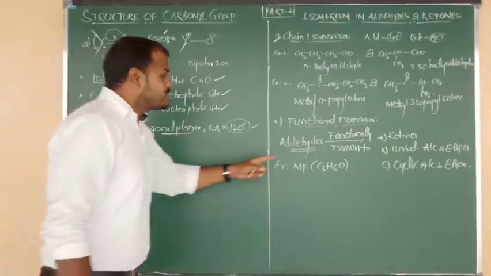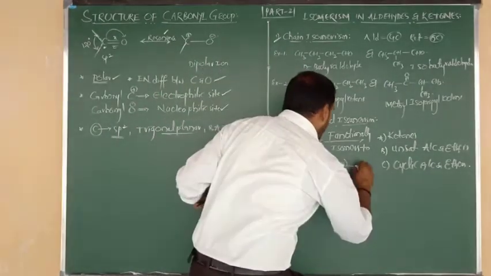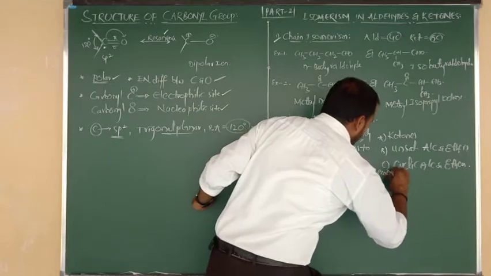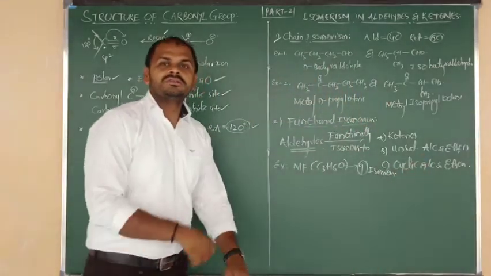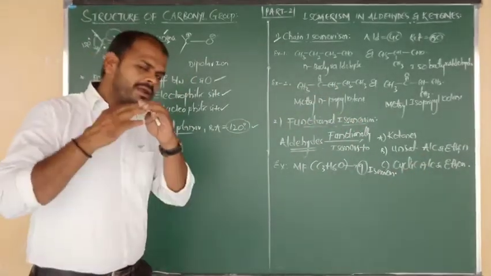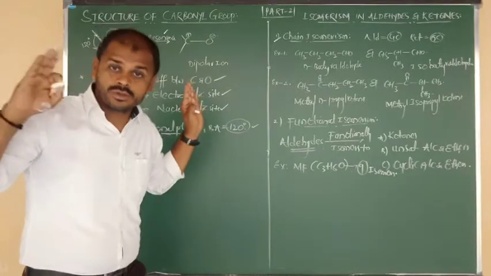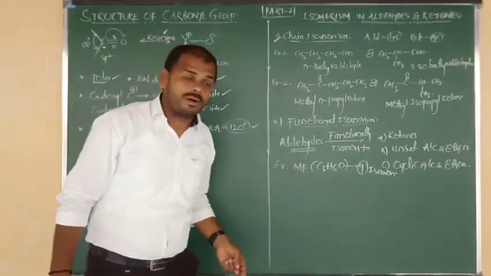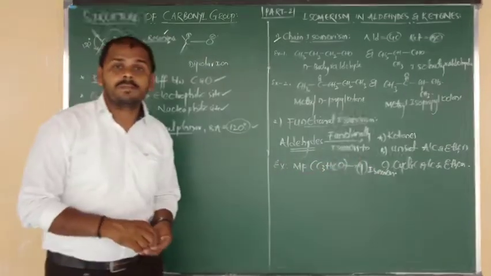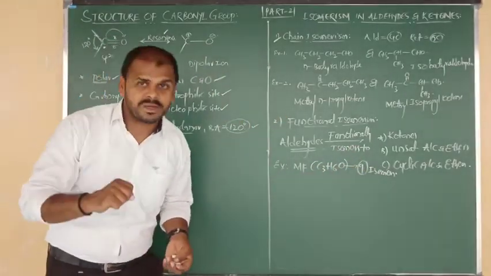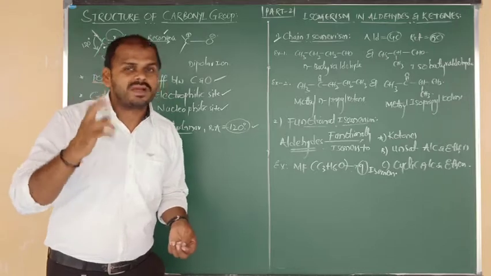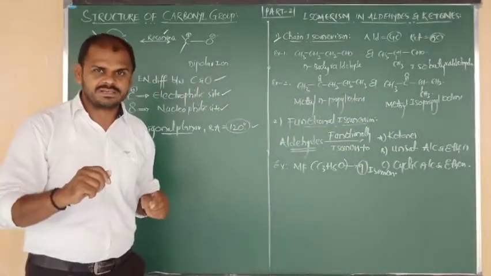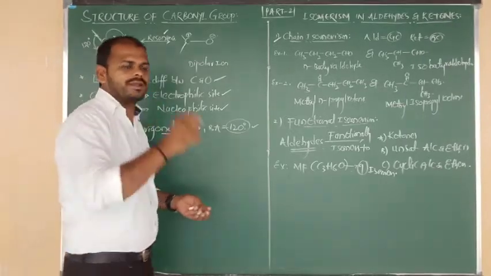For the molecular formula C3H6O, we can mainly write 9 functional isomers. Very important, it has been repeated many times in competitive exams. So remember, for C3H6O, how many functional isomers are possible? 9 isomers are possible. So what are the 9 functional isomers? By including all the above terms, we are going to get the structures. Are you ready? Yes, very interesting beta.